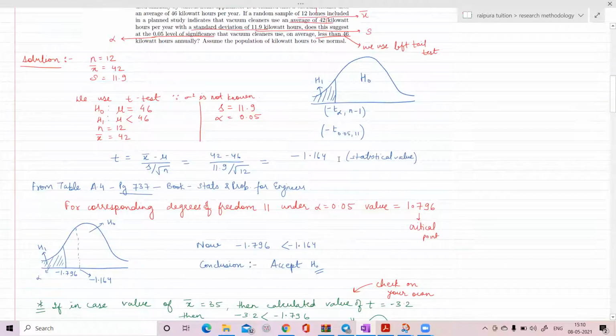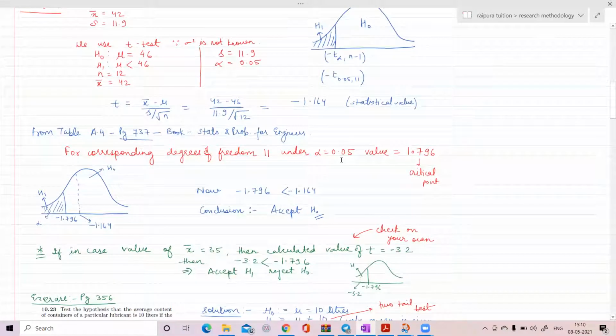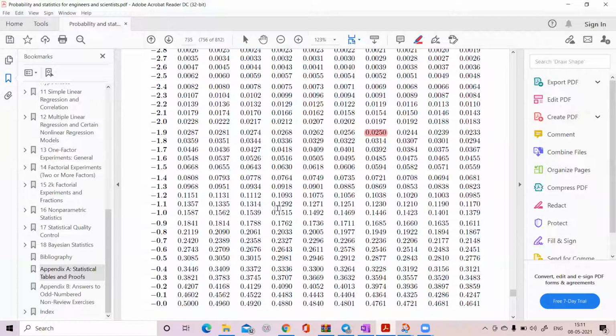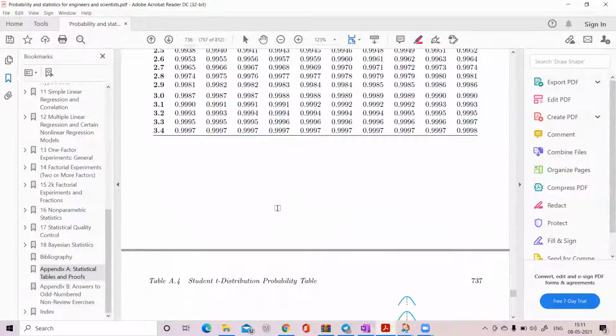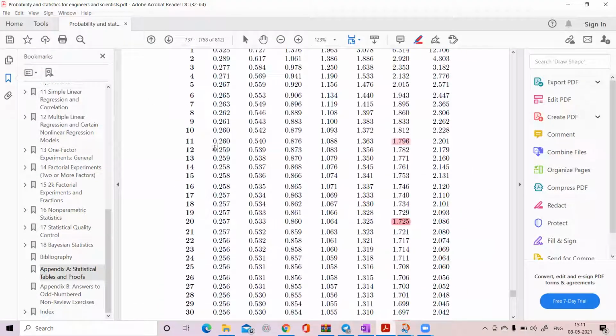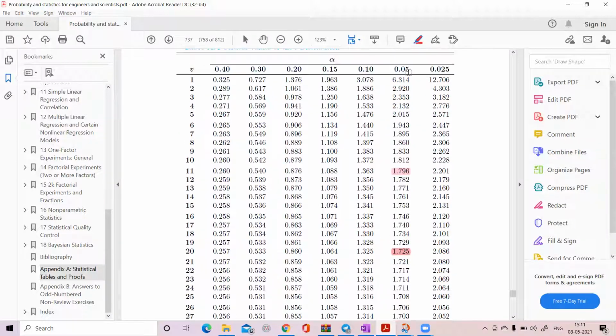We can find this value using the table given on page number 737 of the book. On page number 737, we can see that the corresponding value of 11 against 0.05 is 1.796.